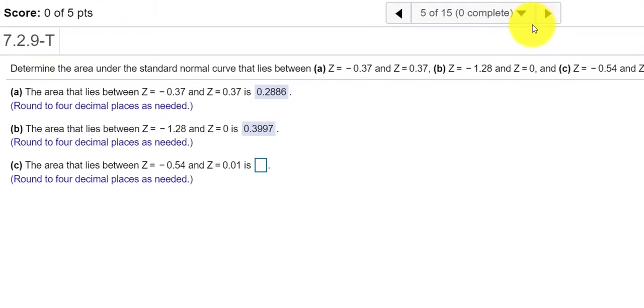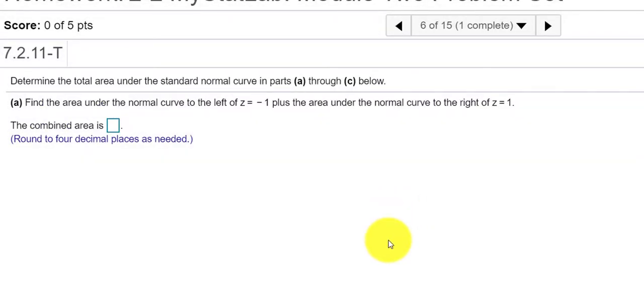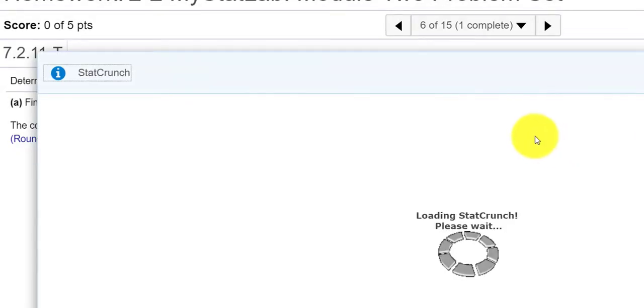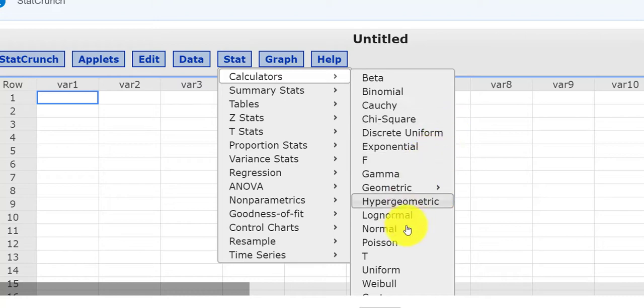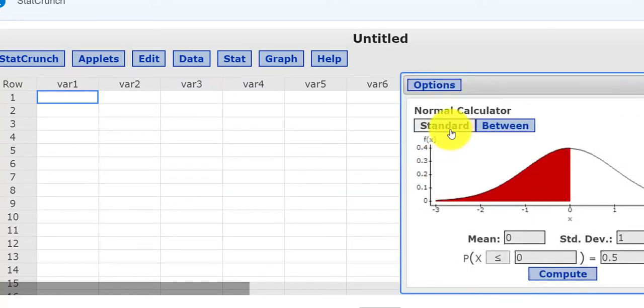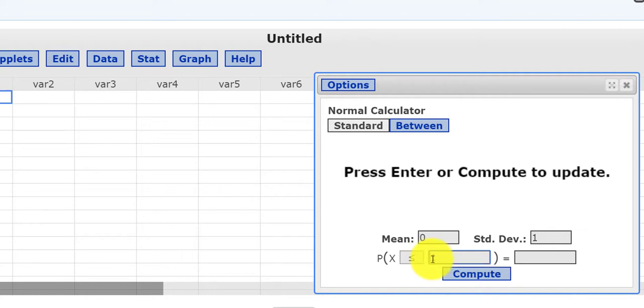So I'm going to move on to question number 6. And now it says find the area under the normal curve to the left of negative 1 plus the area to the right of positive 1. Okay, so let's do this. StatCrunch. I'm going to open 2 tables. So Stat, Calculators, Normal. I'm going to go to the left of negative 1.